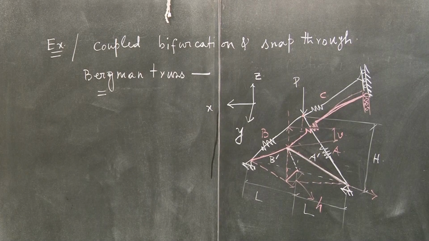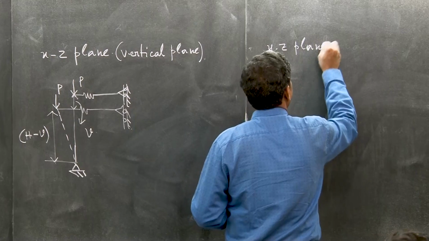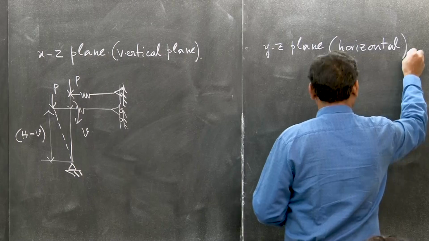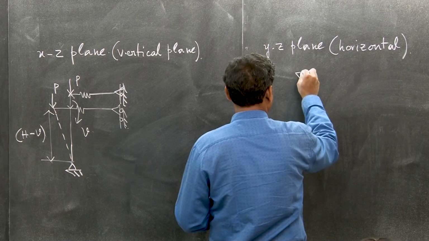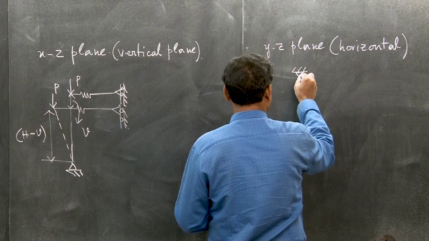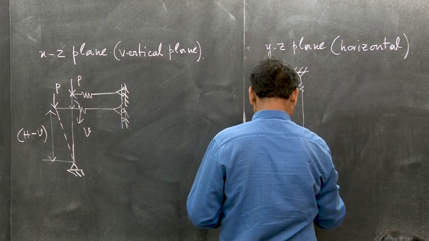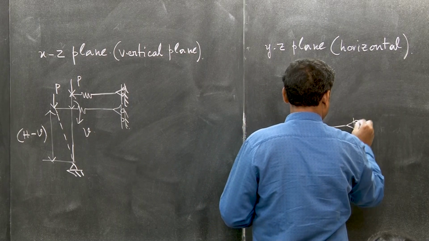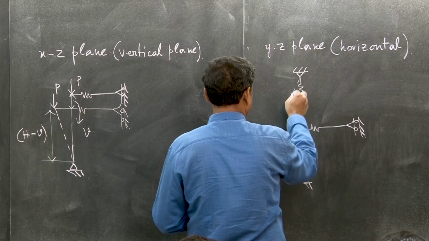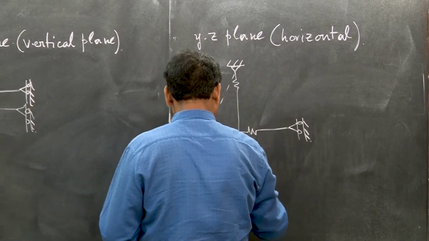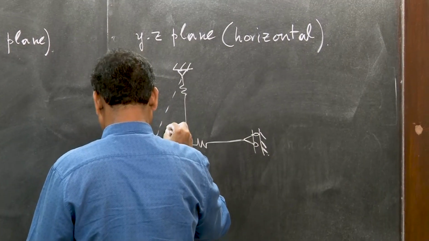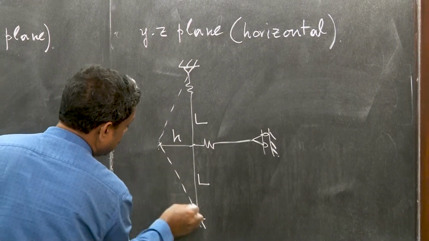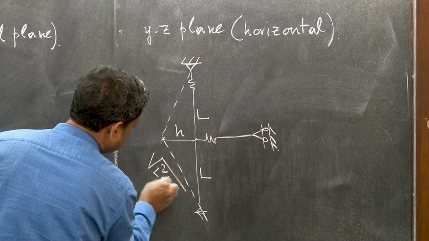That is the xz plane, and then I will write the yz plane, which is basically the horizontal plane. So it is coming to this position, and this was nothing but small h, and this is L, this is L. So this projected length is nothing but root of L square plus h square, right?